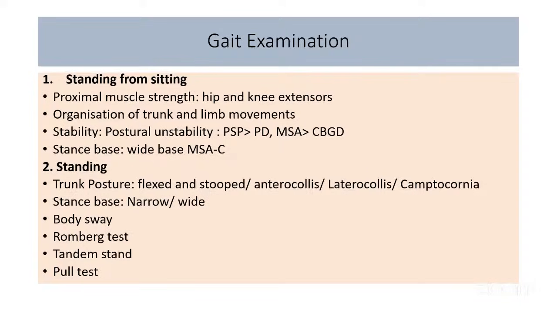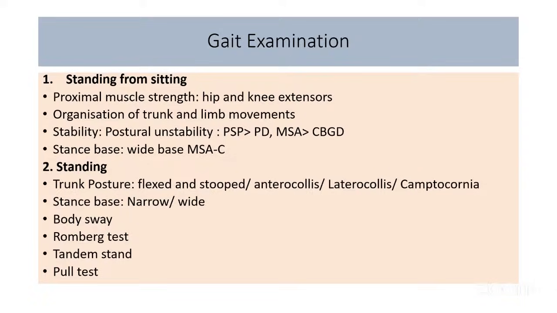When standing from the sitting position, normal PD patients will have difficulty getting up. They will try, take some support, or have 2 or 3 tries, and slowly get up. PSP patients get up very fast, and they'll fall down. This is called the rocket sign.